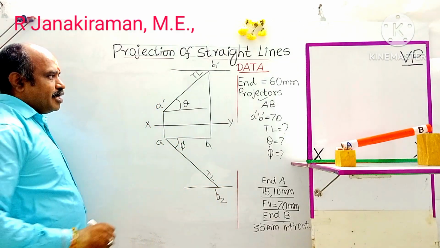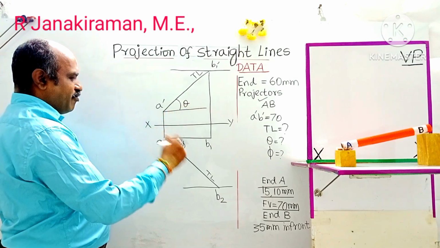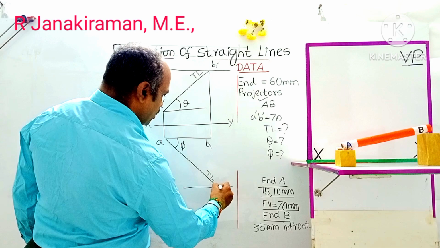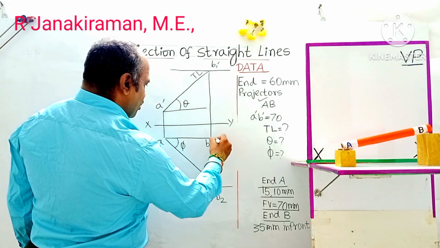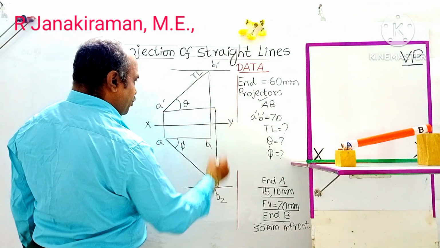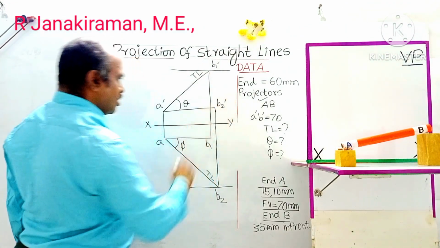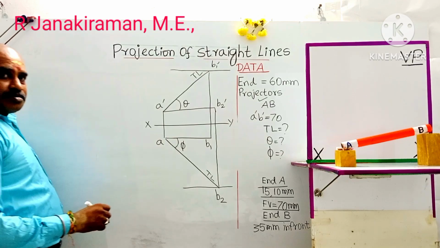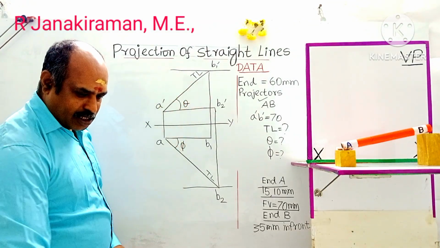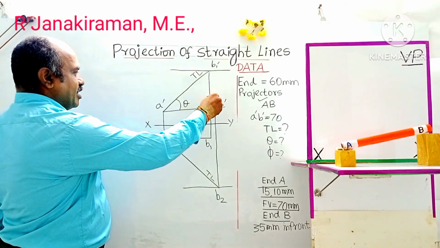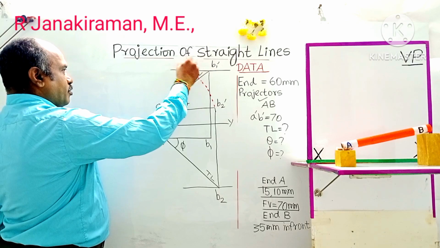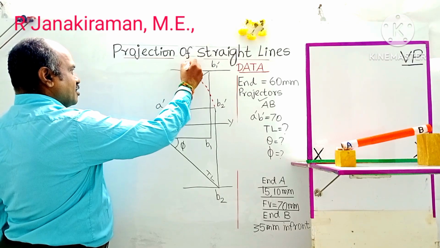Before that, draw a vertical projector from B2 upward, where it intersects the locus line passing through A dash, shall be marked as B2 dash. Then with A as center and A B2 dash as radius, draw an arc upward. This arc, where it intersects the locus line passing through B1 dash, shall be marked as B dash.